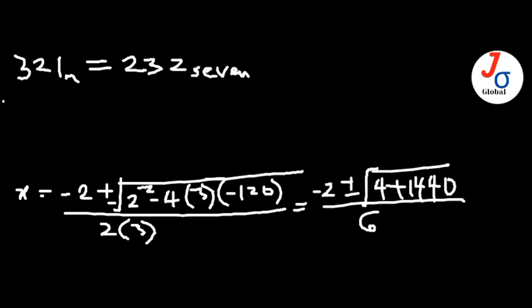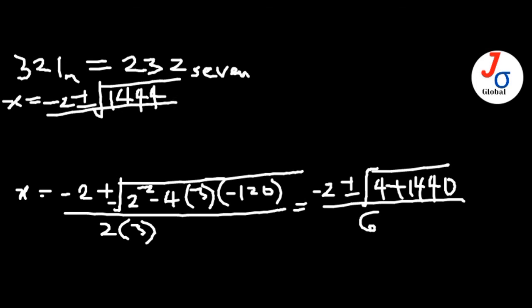Then I have x now becomes minus 2 plus or minus square root of 1,440 plus 4, that's 1,444, then divided by 6. And so I have minus 2 plus or minus the square root of 1,444, which is 38, then divided by 6.